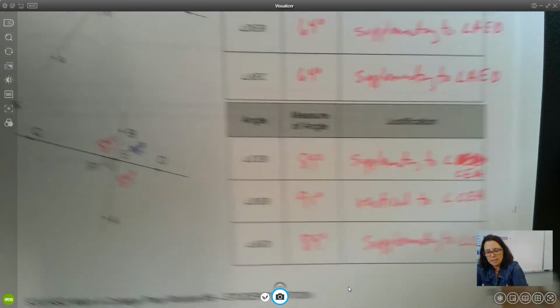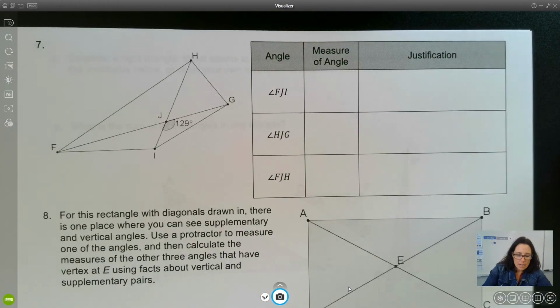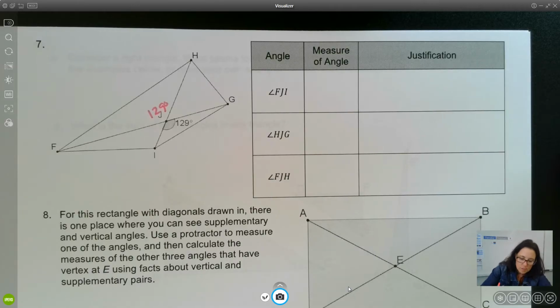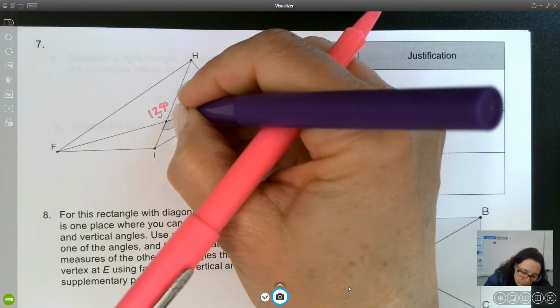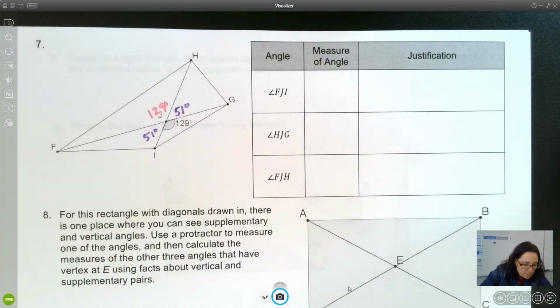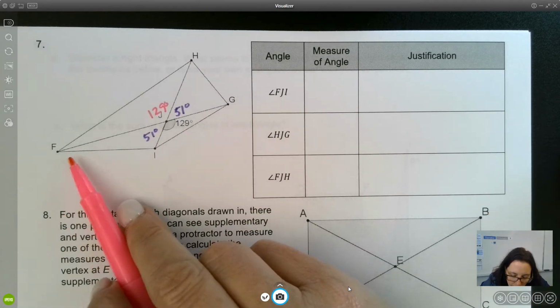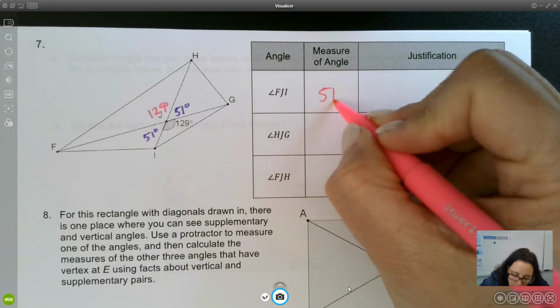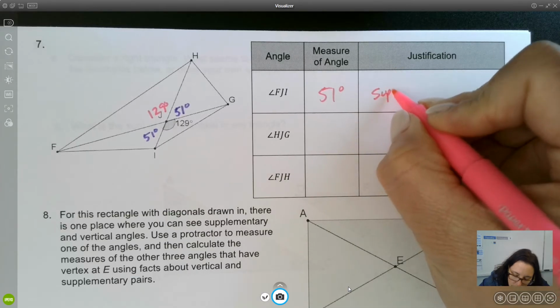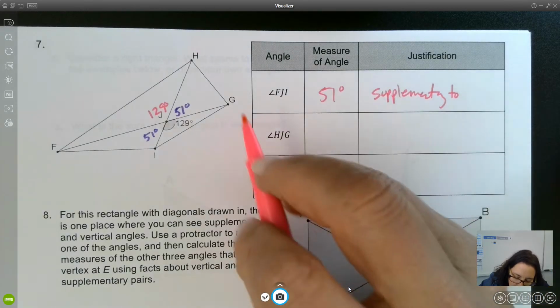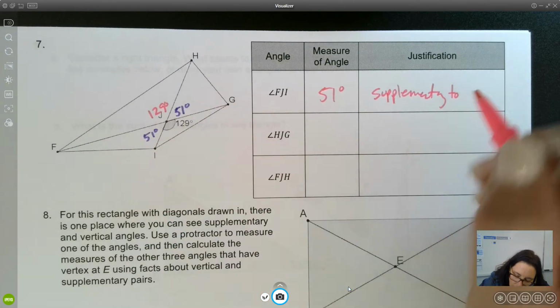Okay, one more like this. All right, straight across, vertical is 129 degrees. That would make this 51 and this 51. Now let's answer some questions. FJI is 51 degrees, supplementary to GJI.